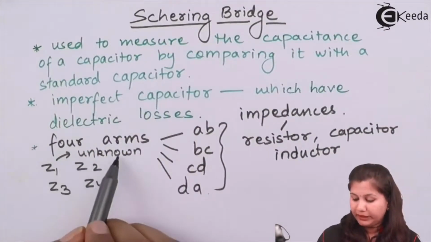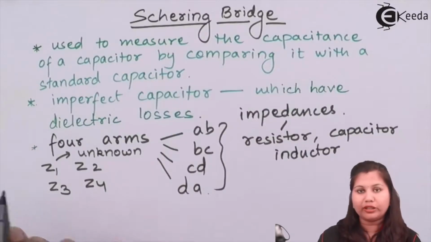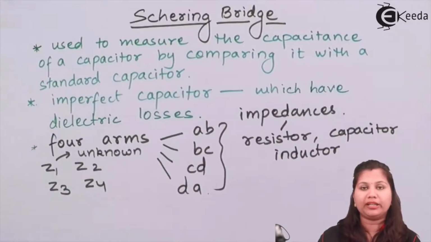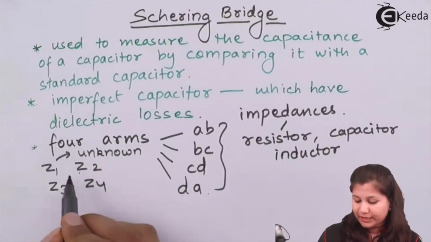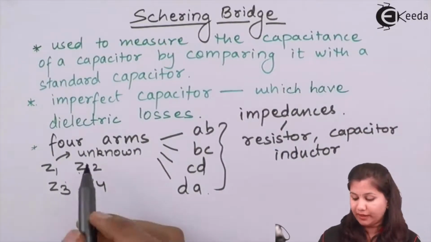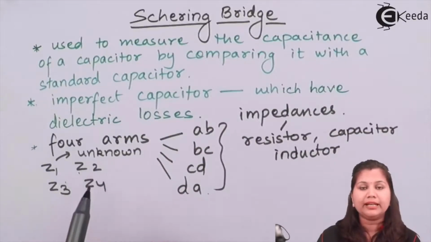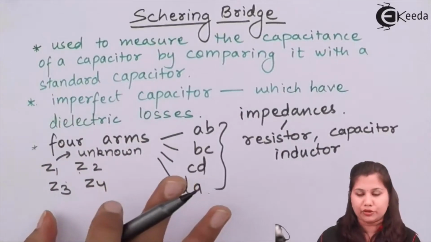So the unknown impedance will be our capacitor, and Z2, Z3, Z4 can be a resistor only, or an inductor, or a capacitor, or a combination of these three. The values of Z2, Z3 and Z4 will be known to us. So we can measure the value of this unknown variable in terms of these known variables using this bridge.